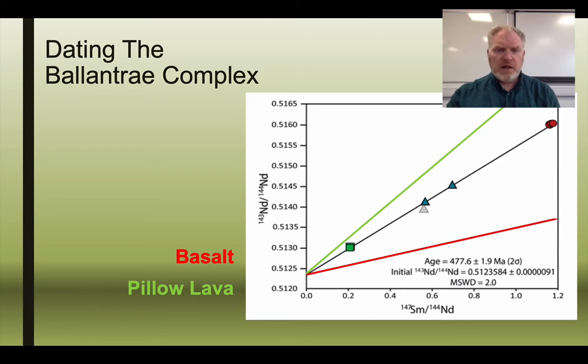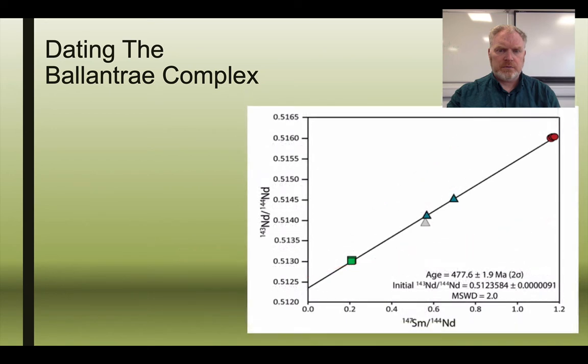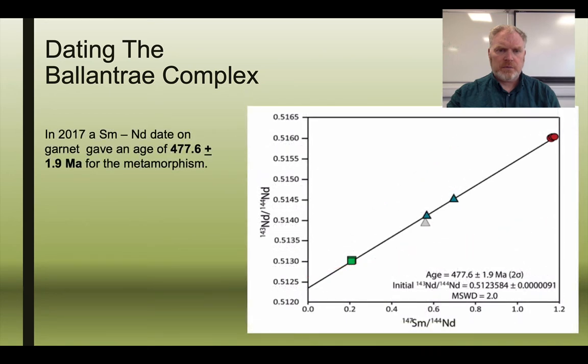If we look at the percentage errors here, we have a more recent date. So from 2017, a samarium neodymium date for this metamorphism gave an age of 477.6 plus or minus 1.9 million years for this metamorphism.